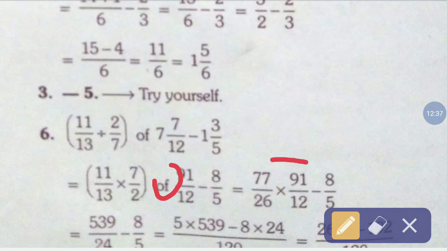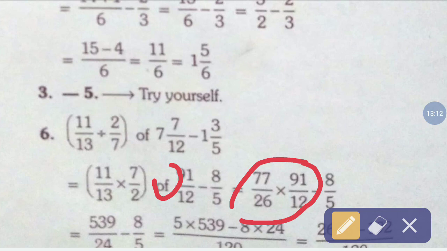If we solve it, then you will be getting 539 upon 24 minus 8 upon 5. 24 and 5, you have to find out the LCM, because the denominators are different. If your denominators are different, then you are not able to solve it. First of all you will find the LCM and then only you will be able to do it. Its LCM is 120.